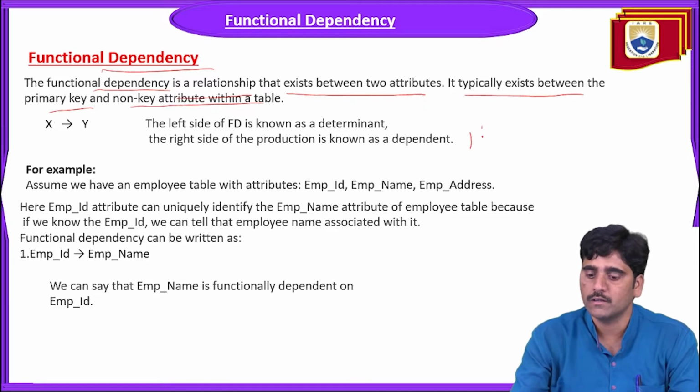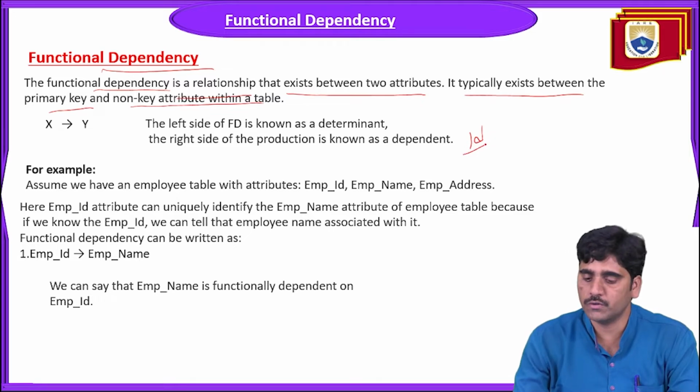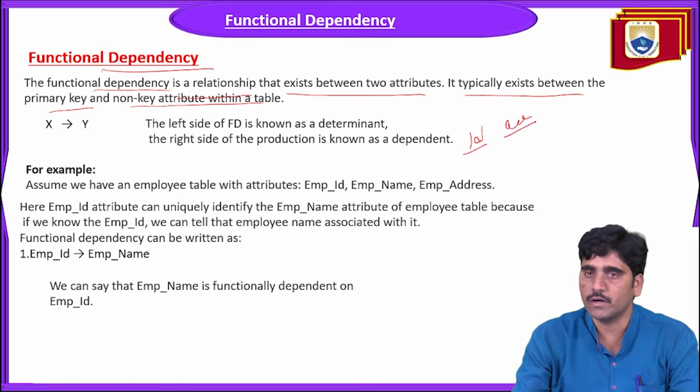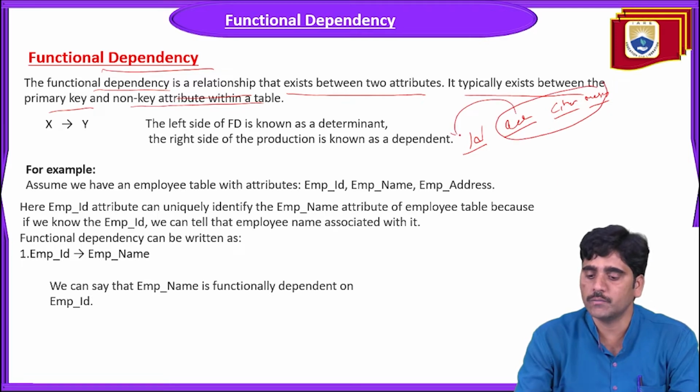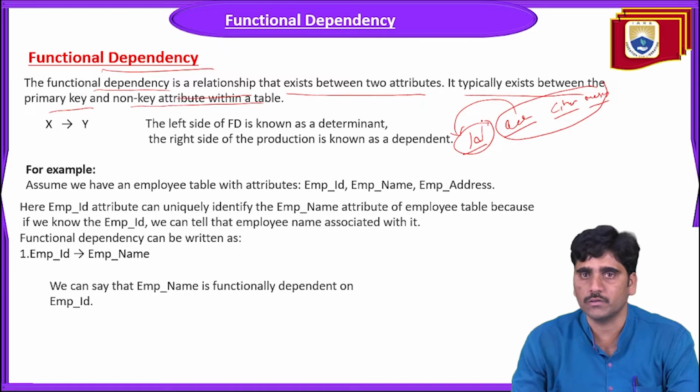Suppose you take the student table. The student ID is one attribute, student name is one attribute, student city is one attribute, and student marks is also one attribute. All these attributes depend on one attribute called the primary key attribute.